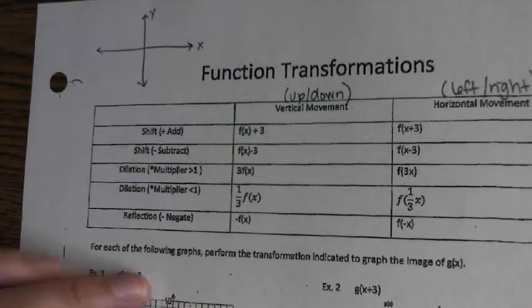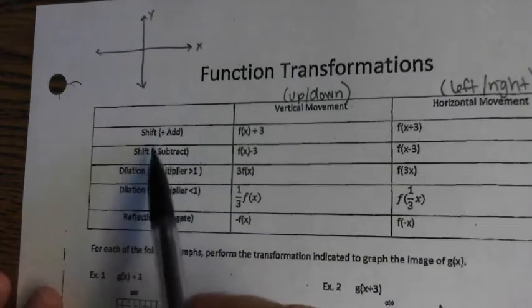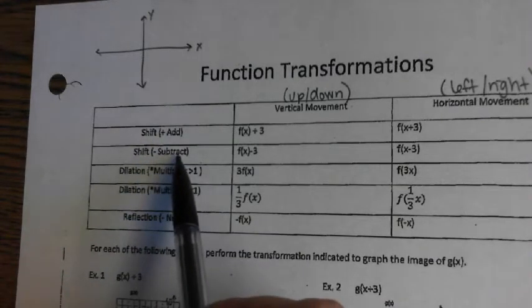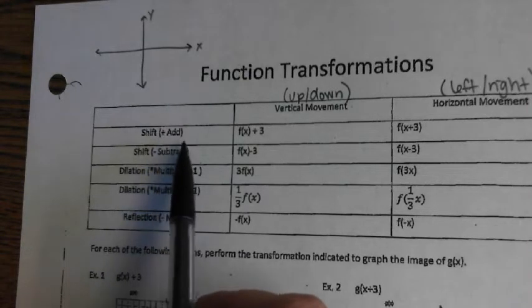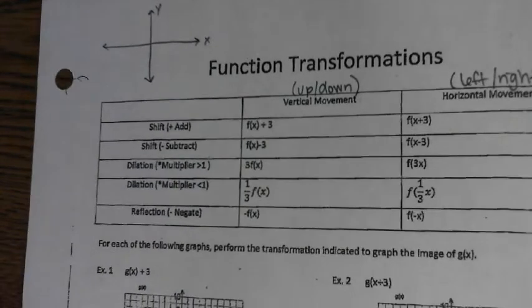Okie doke? So as far as your operations go, shifting will always be accompanied by an addition sign or a subtraction sign. Okay? And believe it or not, well, we'll get to it in a second. A dilation is always indicated by when you take a function and you multiply it by a number. Okay?